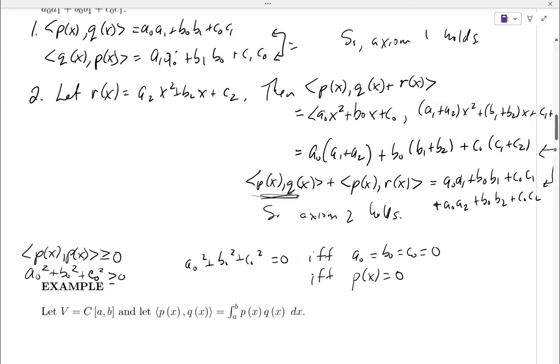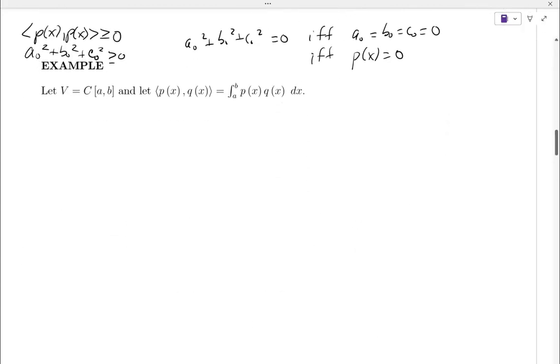Let's do the next example. Does this one look like a regular old Euclidean inner product? No. This one's taking continuous functions on the interval from a to b and saying we're going to define the inner product of two vectors to be the integral of their product. That's different, right?